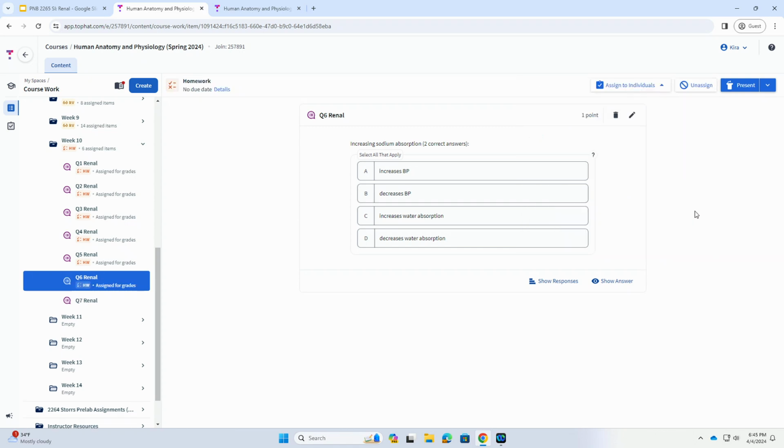Increasing sodium absorption, and there are two correct answers. What effect does sodium have?